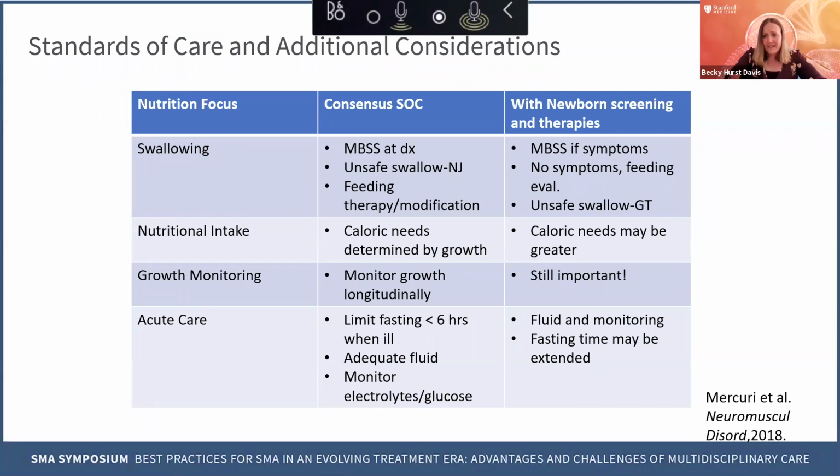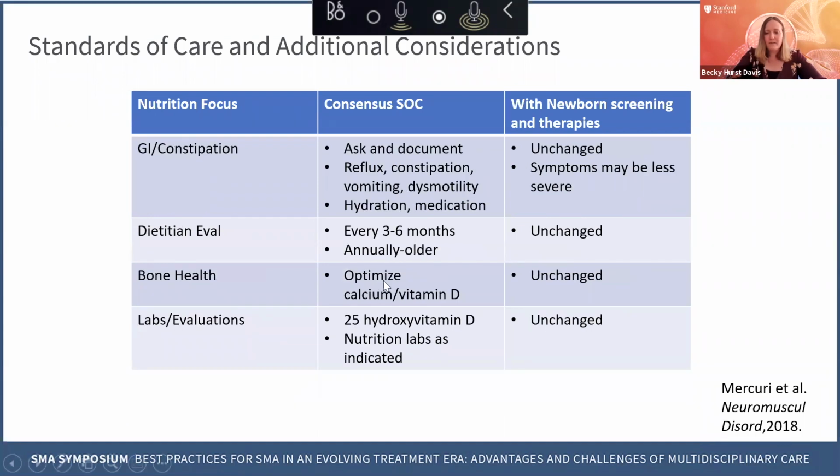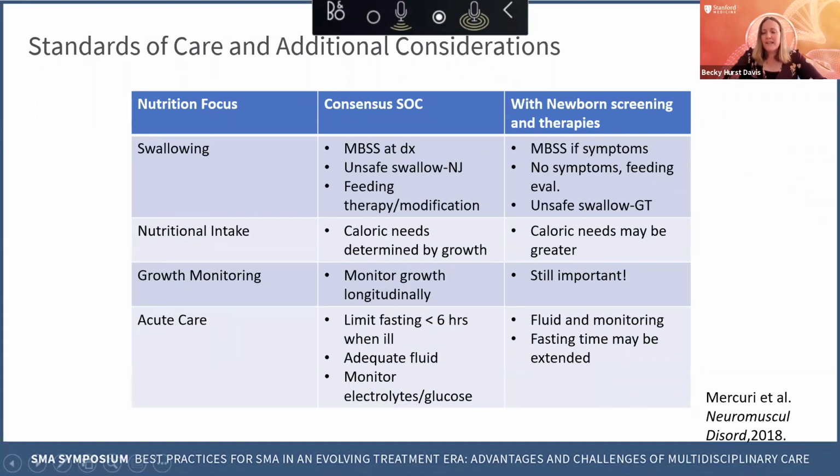And obviously the same situation applies in that if they were considered to be unsafe to swallow, we would put in a feeding tube. I think the main question that we have right now is, if we find that a child is unsafe to swallow, whether we put in a nasojejunal tube until we can get the long-term feeding tube in place, or whether we do a nasogastric tube.